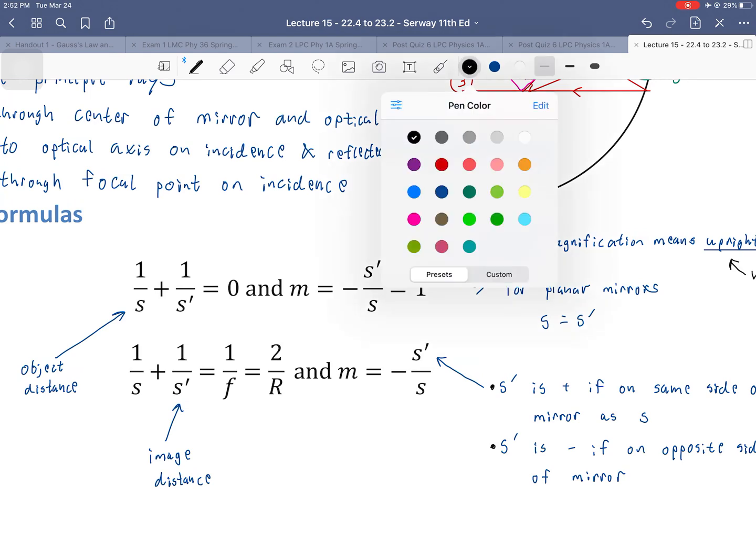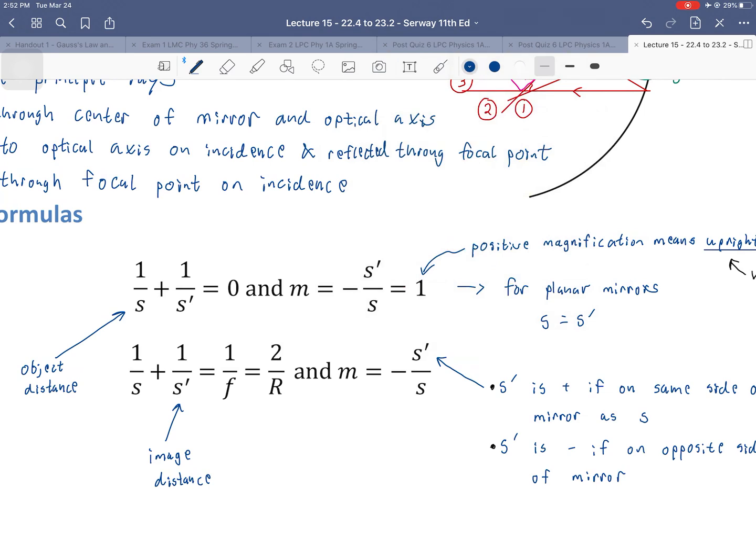So the last thing then is F. So F is the focal point or focal length. All right. And the focal length has the same sign convention. So F is positive if it's on the same side as S, and F is negative if it's on the opposite side as S.